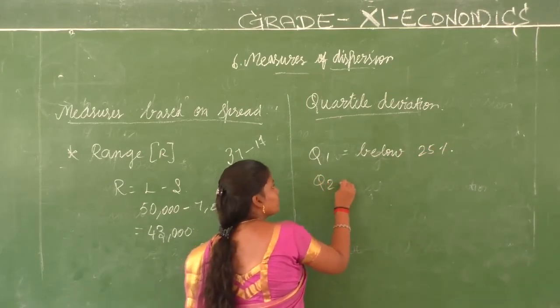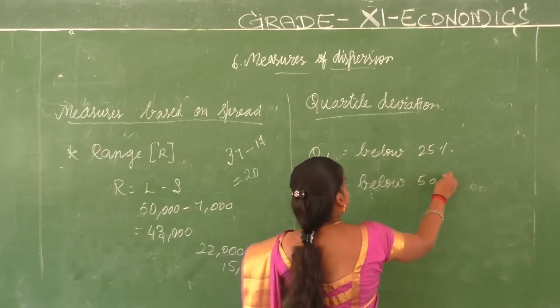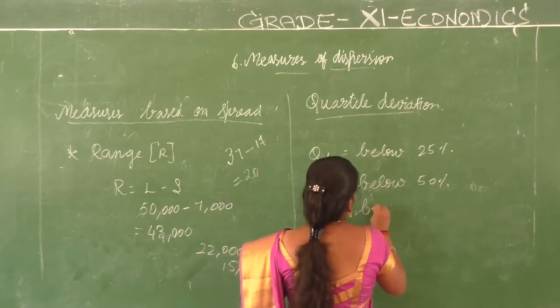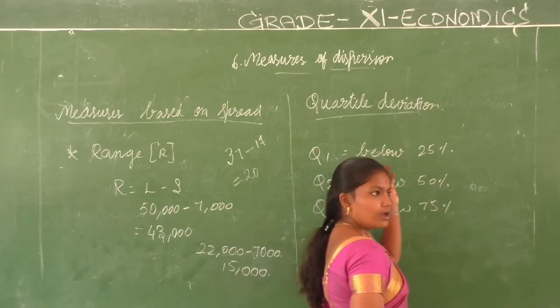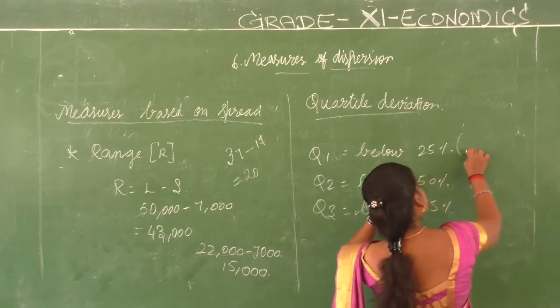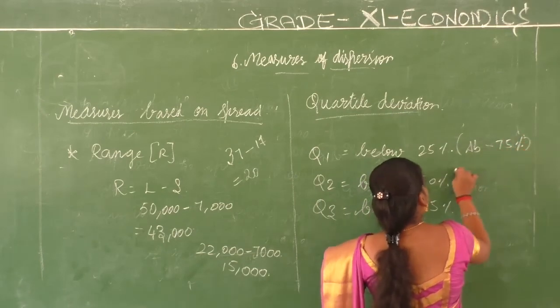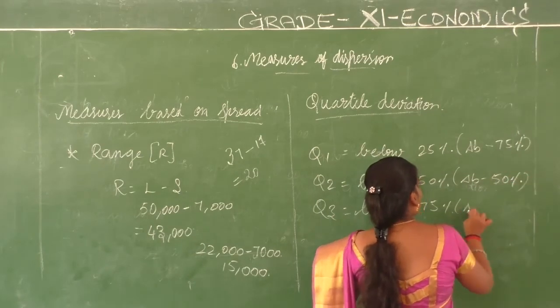Then Q2, we have below 50. Q3, below 75. Below 25 means above how much value will be there? Above will be 75. Here above will be 50. Here above will be 25.